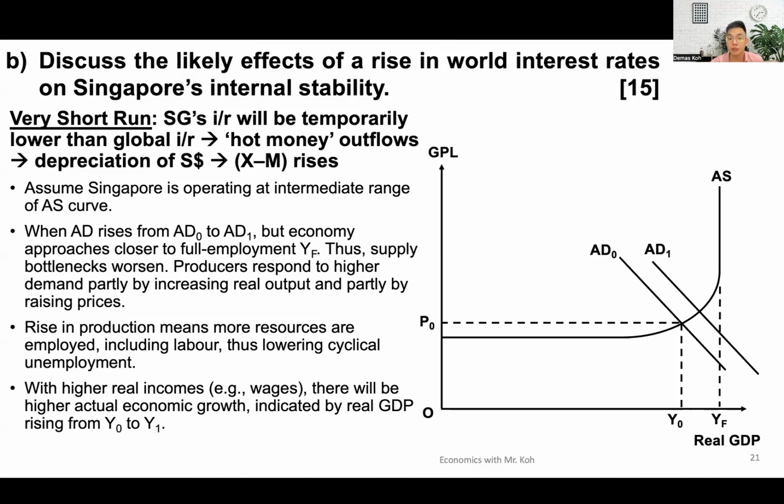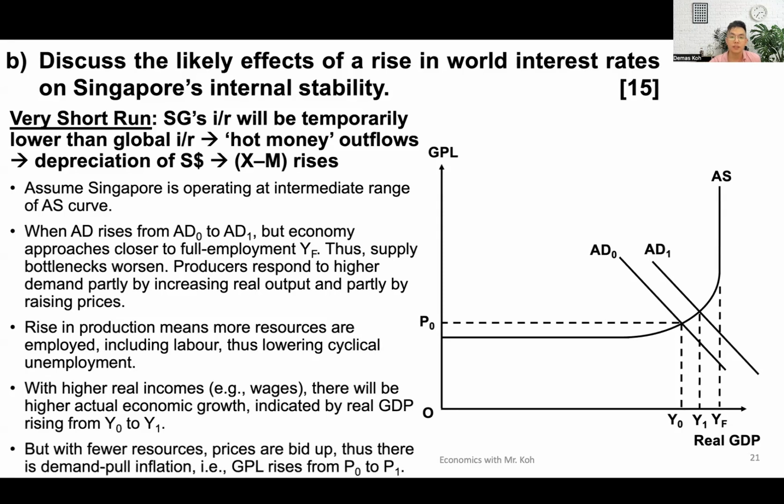With higher real incomes, such as wages, there will be higher actual economic growth indicated by a rise in real GDP, right? So from Y0 to Y1. And finally, with fewer resources though, prices are bid up. Thus, there is some demand pull inflation as well. And the general price level rises from P0 to P1.